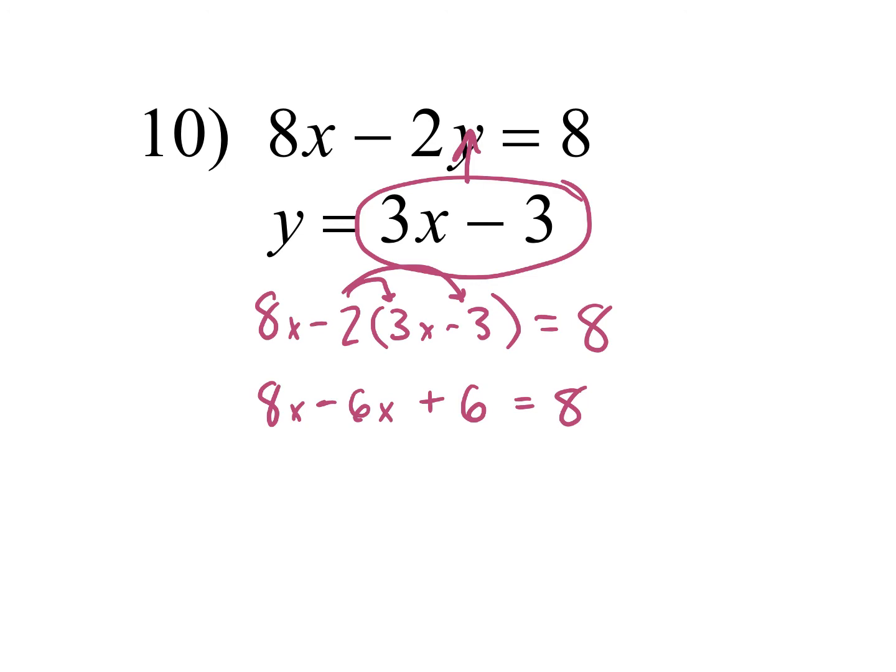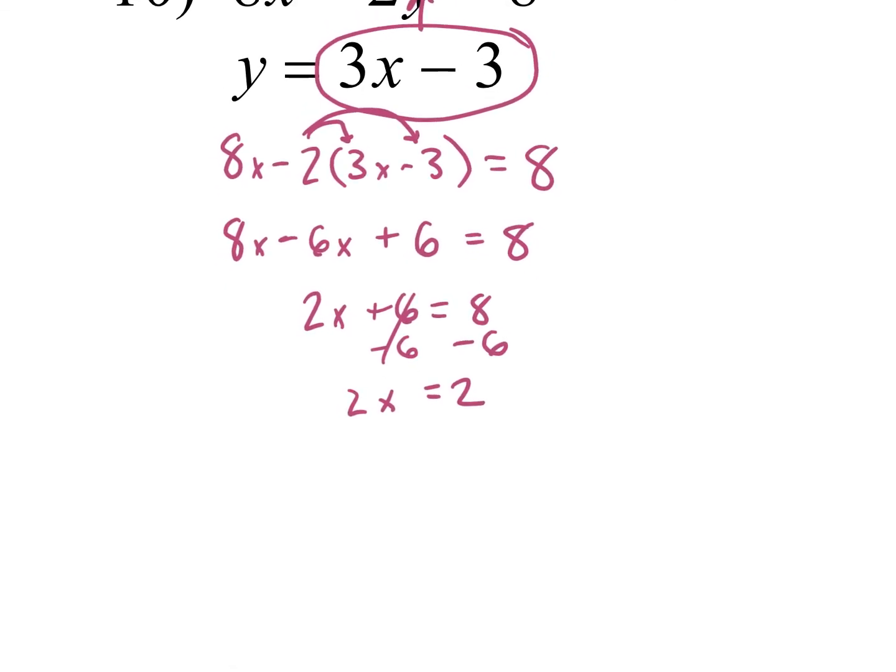So what's 8x minus 6x? 2x plus 6 is equal to 8. Then what should I do? Minus 6. So 2x is equal to 2. And then what should I do last? Divide by 2, so x is equal to 1.